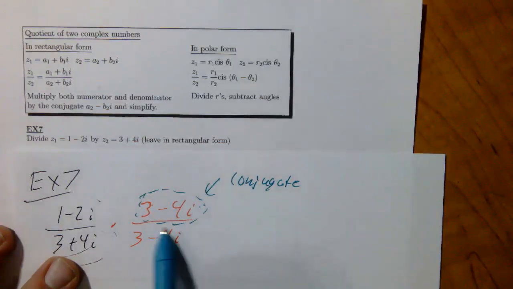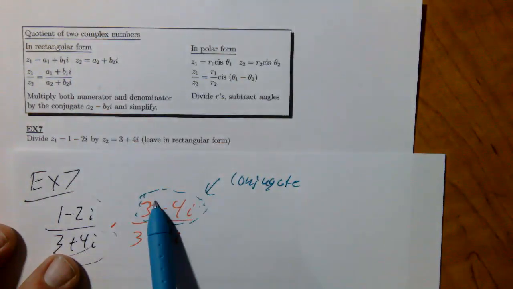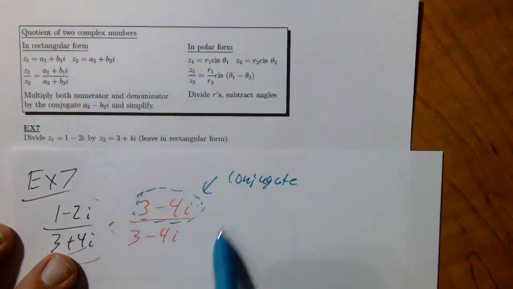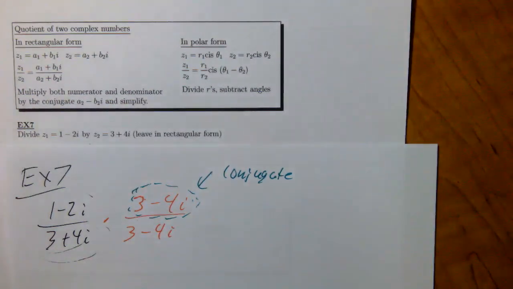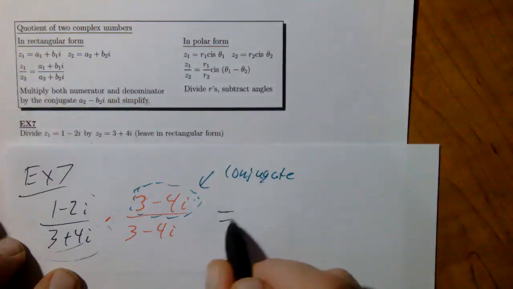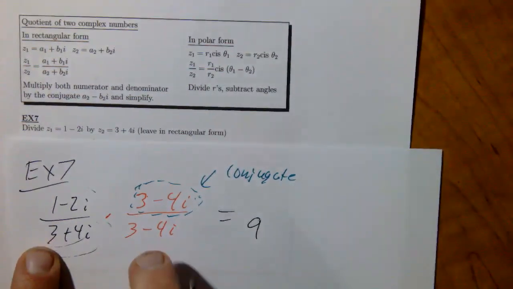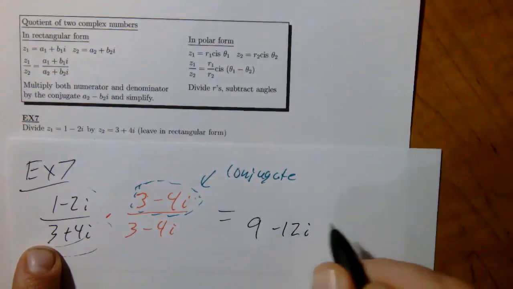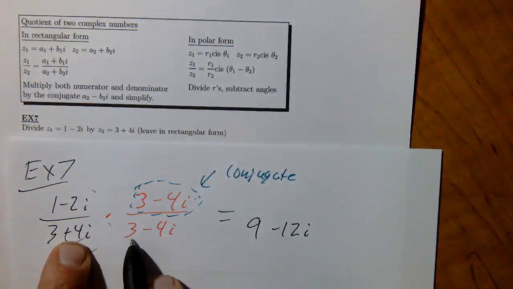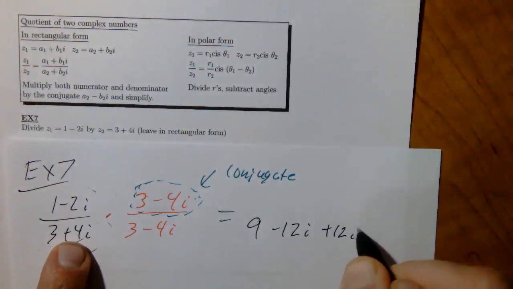If you multiply the bottom by the conjugate, you better multiply the top by the conjugate as well, right? You're really multiplying by one in a special way. Now you have to FOIL the bottom out: 3 times 3 is 9. 3 times -4i is -12i. And then 4i times 3 would be a positive 12i.